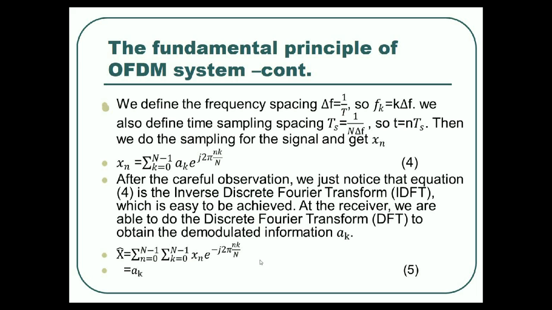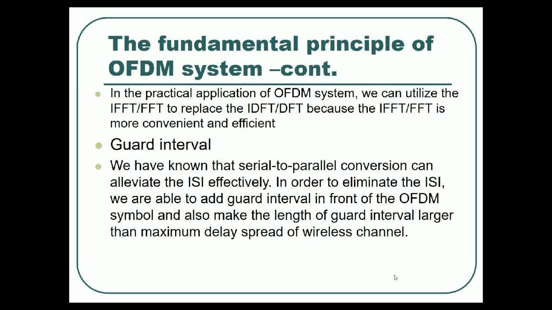At the receiver, we just do the discrete Fourier transform to obtain the demodulated information A sub k, which is shown in equation 5. So in the practical application of the OFDM system, we can utilize the IFFT or FFT to replace the IDFT or DFT because the IFFT or FFT is more convenient and efficient.